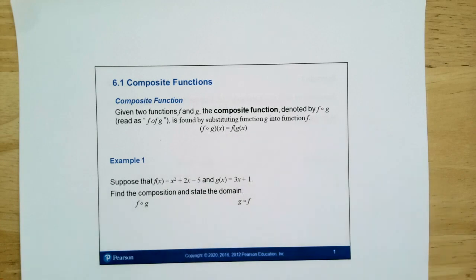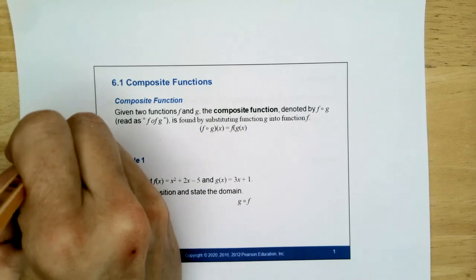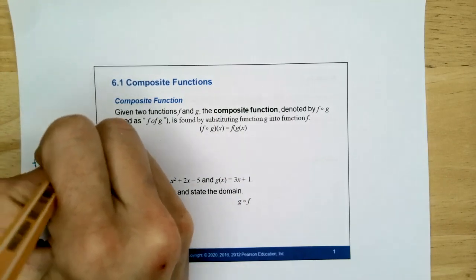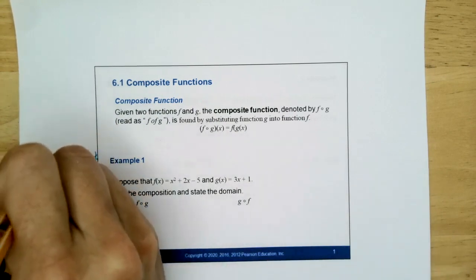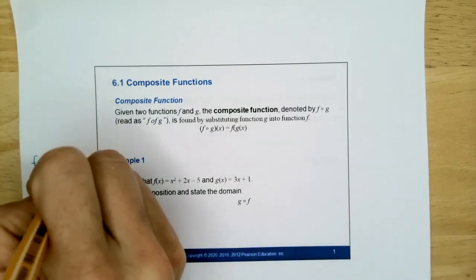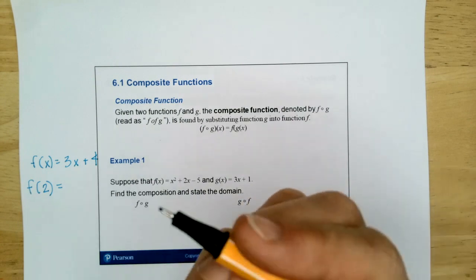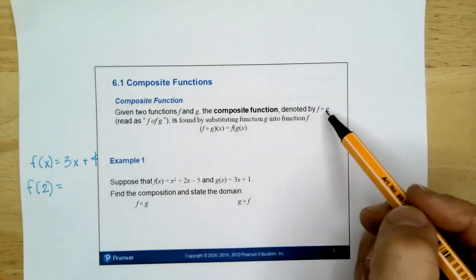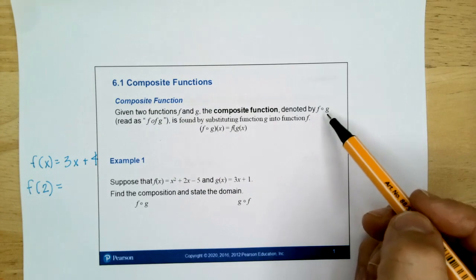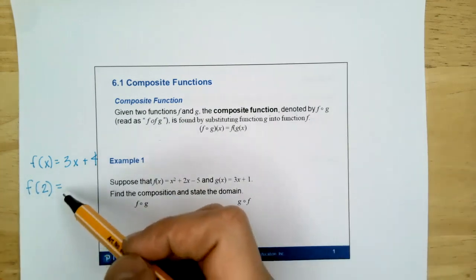So let's say I had f of x is equal to 3x plus 4, right? And asked you, what is f of 2? Notice the wording, f of 2. That's the same phrase as f of g. How do we find f of 2?